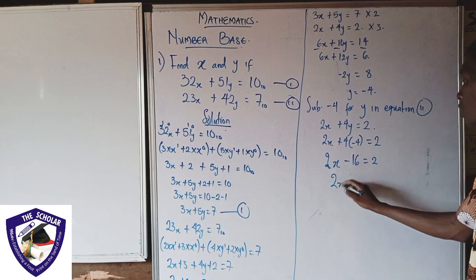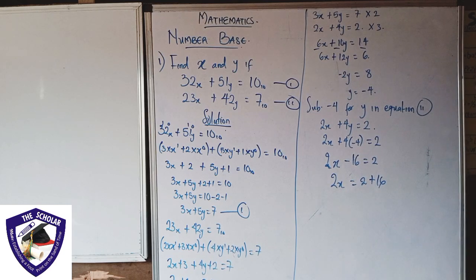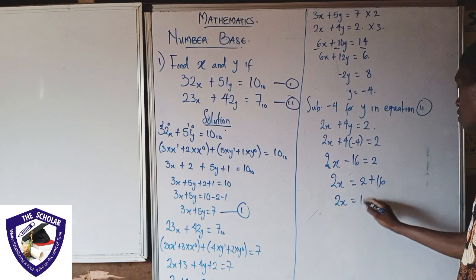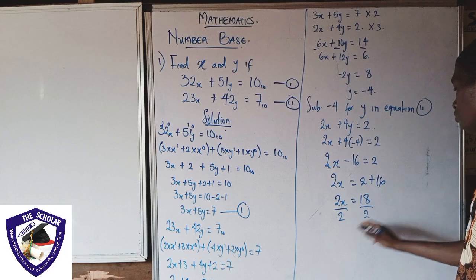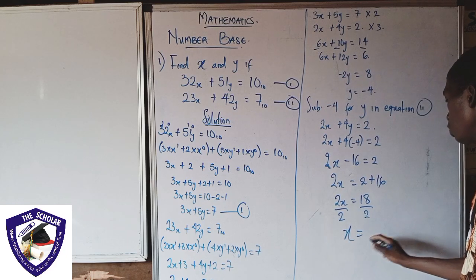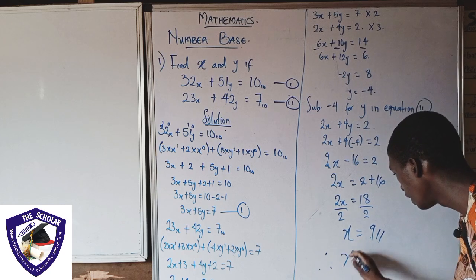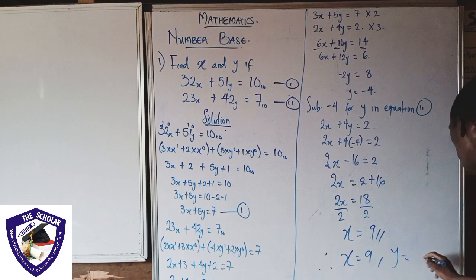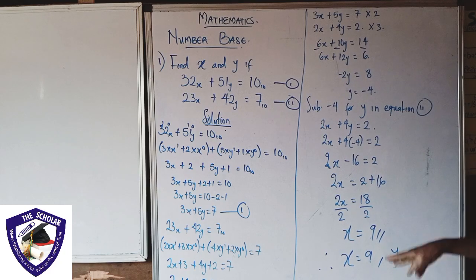Then I have my 2x equals 2 plus 16, which is 2x equals 18. I divide both sides by 2. Then I have my x equal to 9. So therefore, my x is equal to 9 and my y is equal to minus 4. So these are the two values requested in the question, and that's how to solve this.